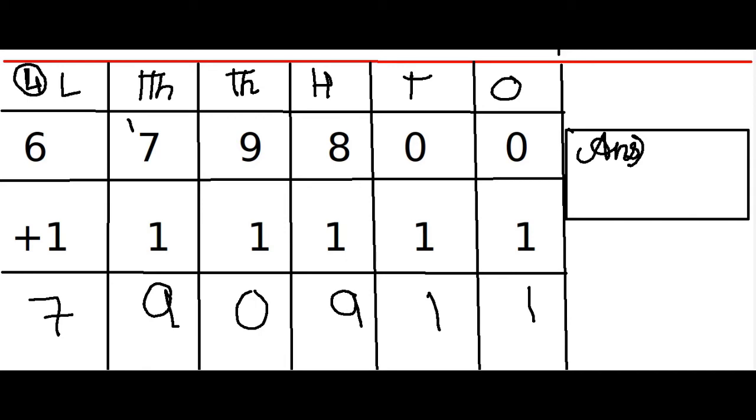So the answer over here, as you can see, I have kept this sum as a very easy sum. It's only once in the second column, and the answer will be 7, 9, 0, 9, 1, 1. 7,90,911 is the answer for sum number 4.